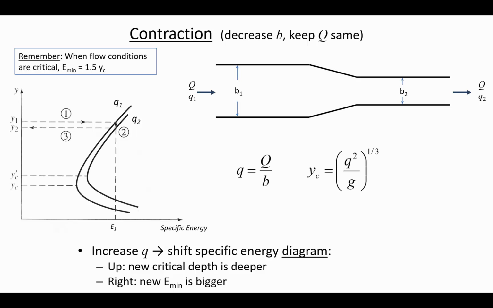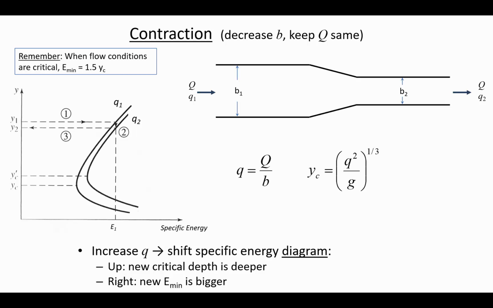So if you want to calculate how much specific energy there is when you have critical flow, you just multiply the depth by 1.5. So any questions so far about these concepts or the fundamentals of what happens when the channel is getting narrower?